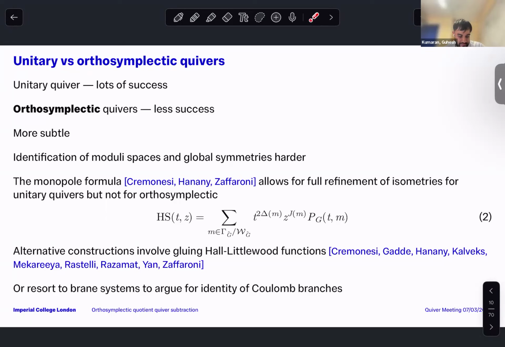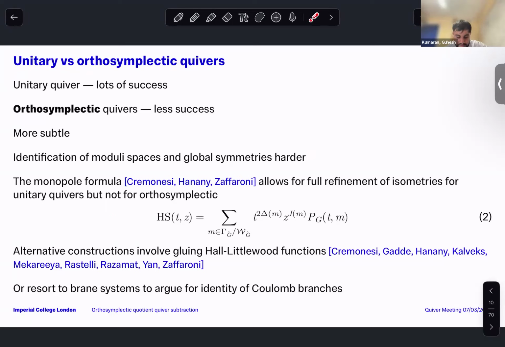One reason why orthosymplectic quivers are much harder to deal with is because it's a bit harder to identify the moduli spaces and their global symmetries. The key tool that we use to identify them, these moduli spaces and symmetries, is the Hilbert series. And this is through the monopole formula.